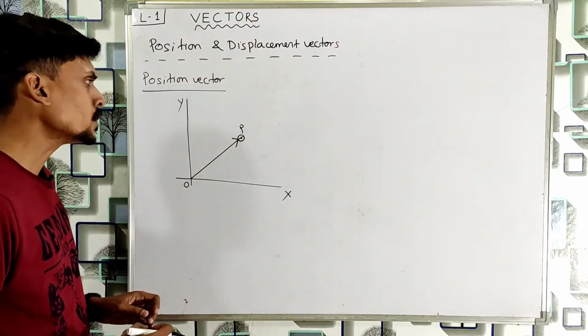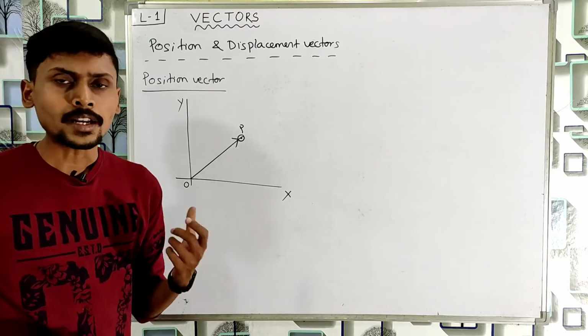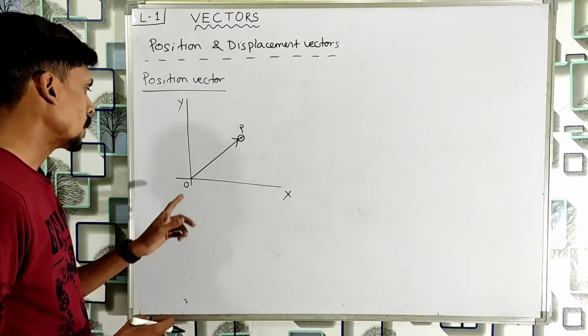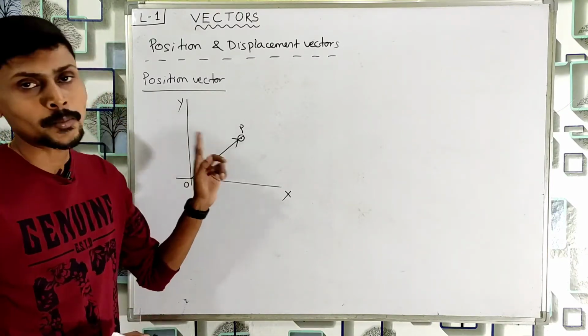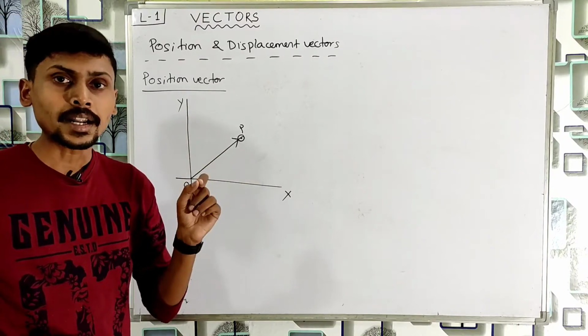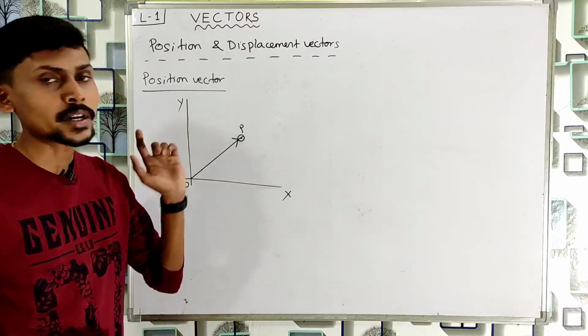So position vector means the vector which joins the origin with the point and is directed from the origin towards the point.